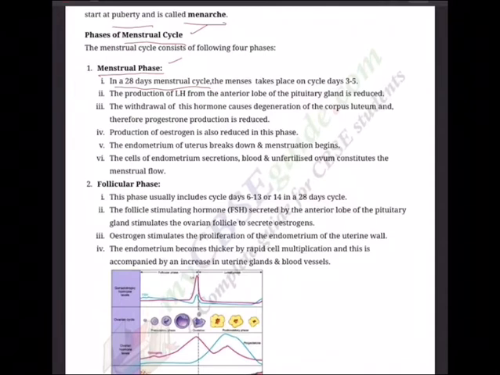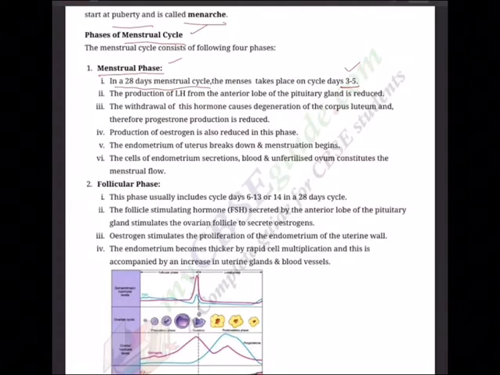So the menses take place on cyclic days roughly 3 to 5, because that depends on the hormonal secretion in a female, the local habitat, the lifestyle, the stress levels, all these matter. But on an average we say that the period of menstruation is 3 to 5 days.